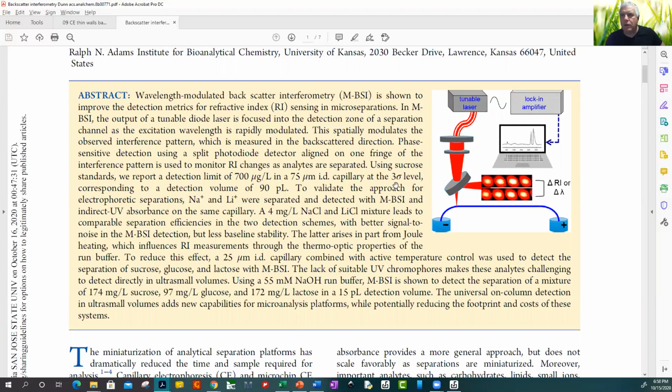But what they found was that it actually had a similar sensitivity to an ultraviolet absorption detector. Okay, so let's think about that for a second, right? They call it indirect UV absorbance on the same capillary. They had better signal to noise in the backscatter, but less baseline stability in the backscatter detector.